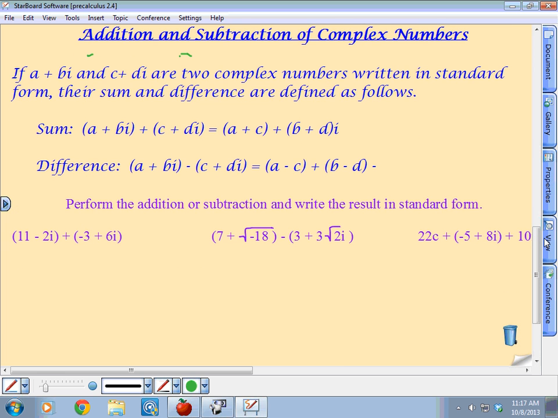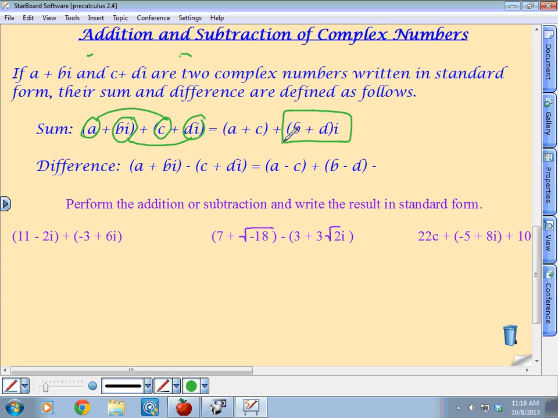Addition and subtraction of complex numbers. If a plus bi and c plus di are 2 complex numbers written in standard form, their sum and difference are defined as follows. For the sum, you're just going to add the real parts, and then you add the imaginary parts, and that's how you get your answer.